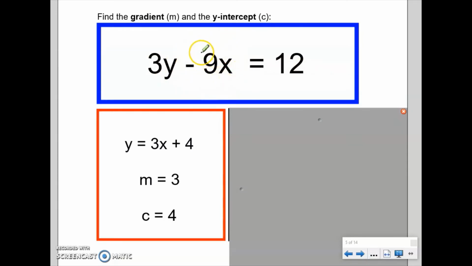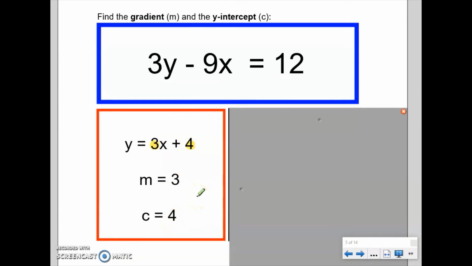So we would add 3x to this side, at the same time adding 3x to this side. So this would be the equation you're left with. Now it's in the correct order. y equals mx plus c, with m being 3, there's my gradient, and c being 4, there's my y-intercept.